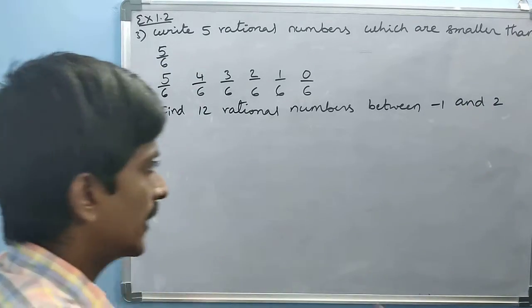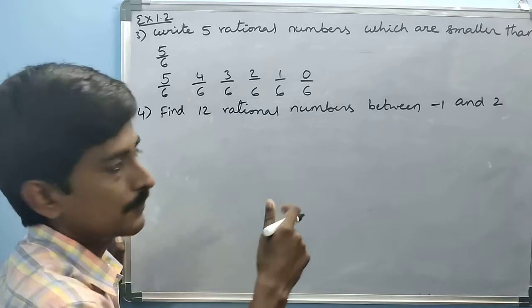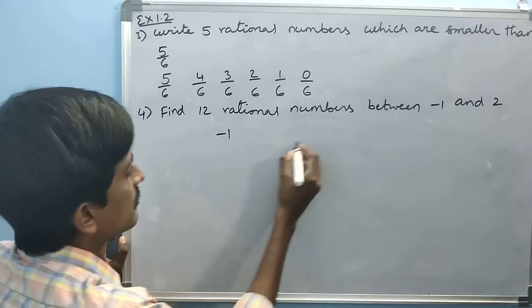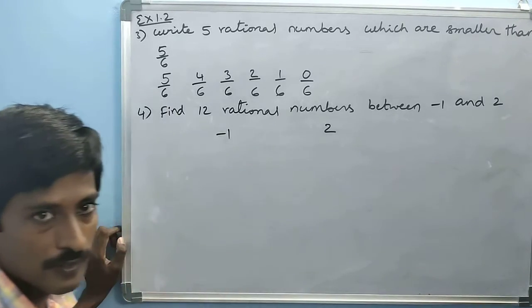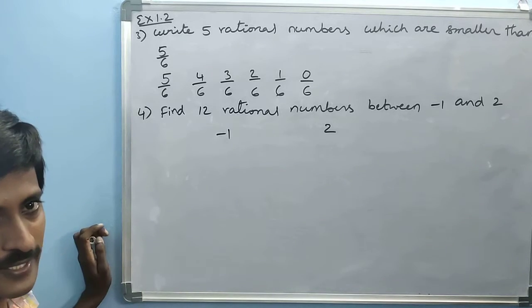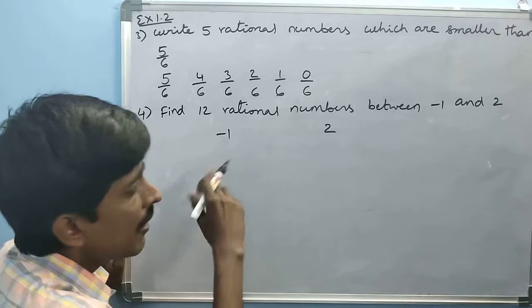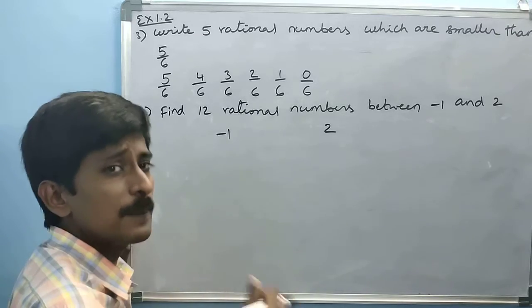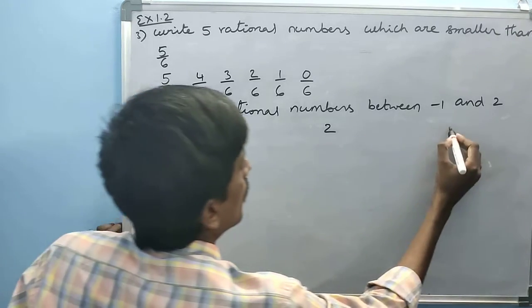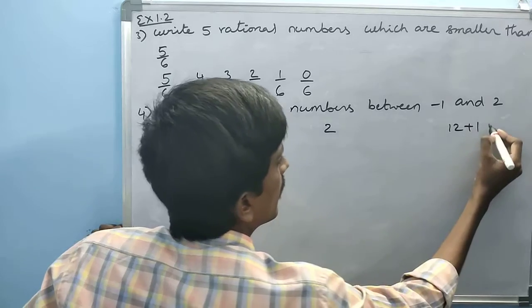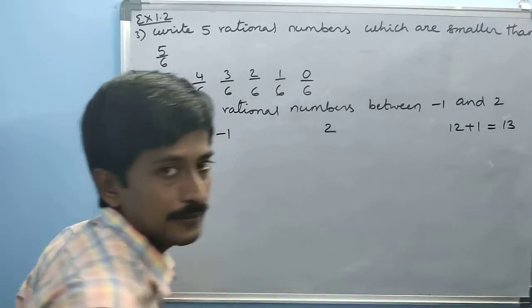Okay, look at the board. Very important model also. -1, 2. How many rational numbers do you need? 12 rational numbers. So multiply both numerator and denominator with 12 plus 1, 13.